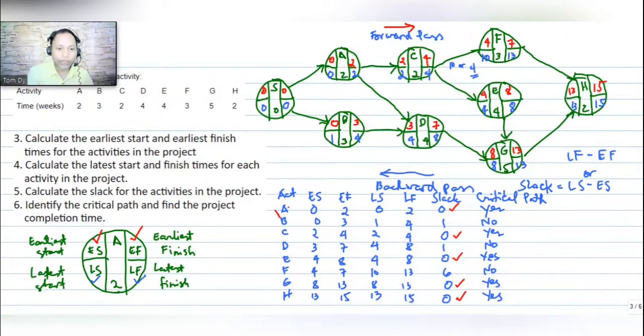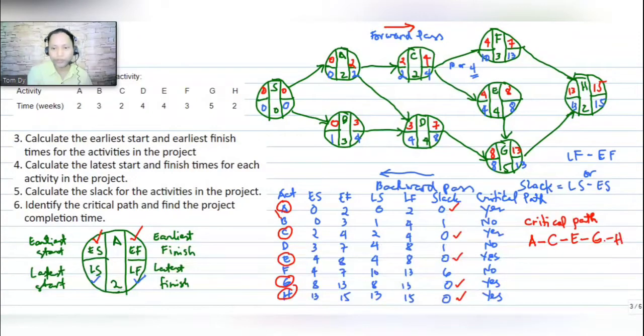That means our critical path, we have here A, and then C, and then E, and then G, H. Therefore, our critical path is A, C, E, G, H. So our critical path is from A to C to E, and then G, and then H. Okay, if you look at this one, that is from A, C, E, G, H.